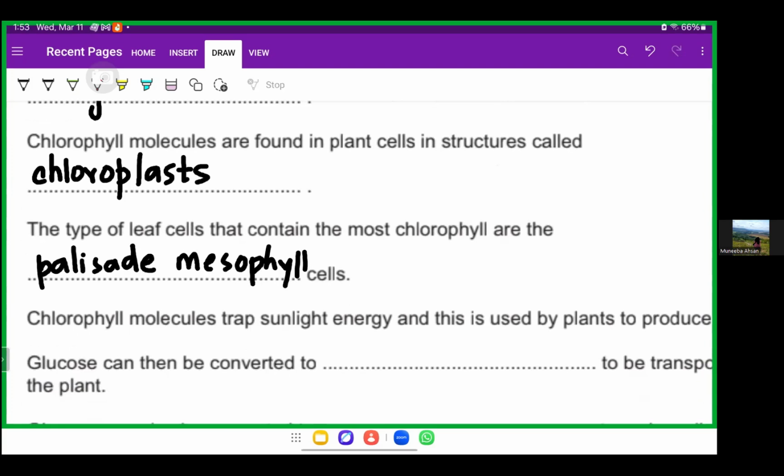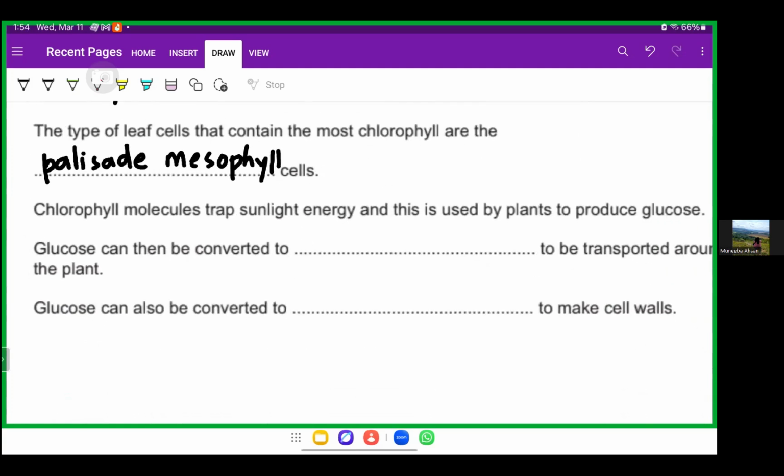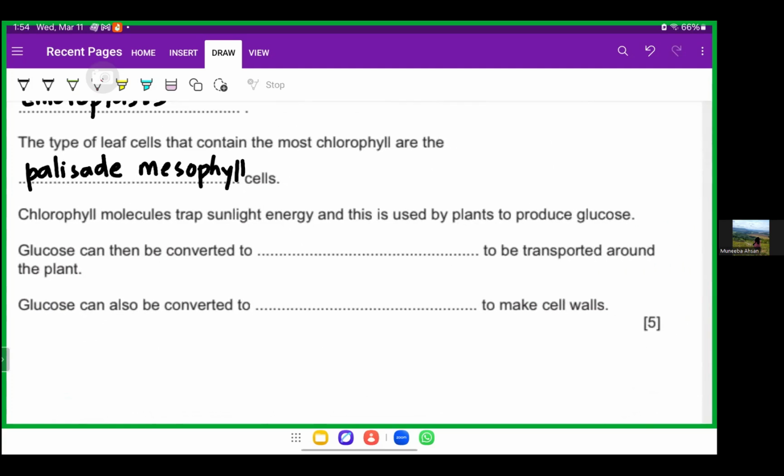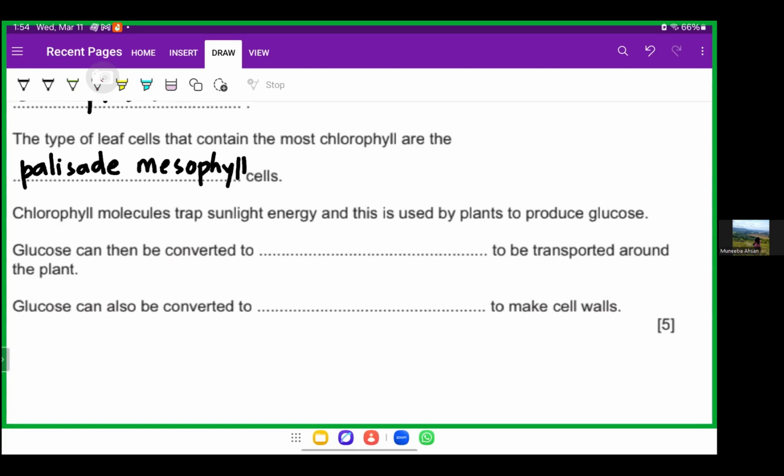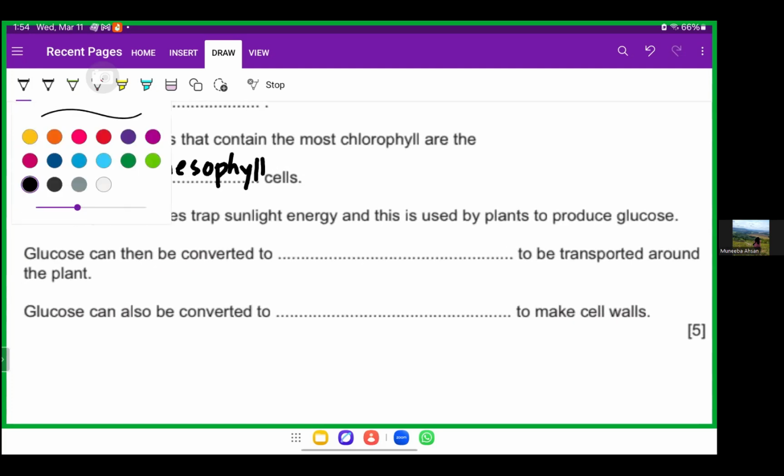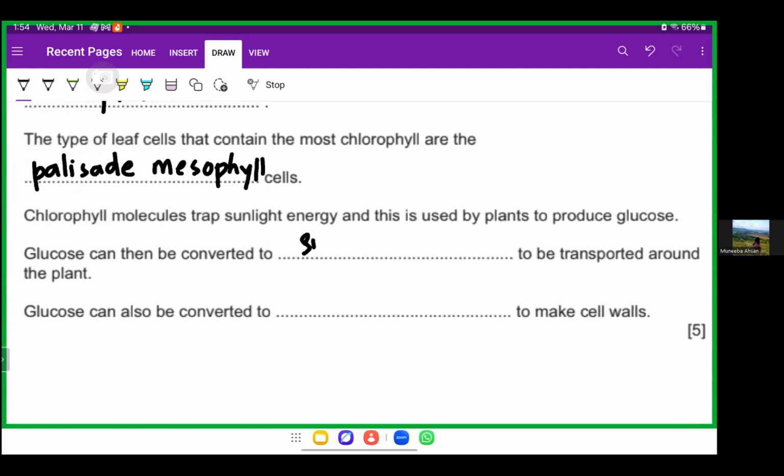Next, chlorophyll molecules trap sunlight energy, and this is used by plants to produce glucose. Glucose can then be converted to dash to be transported around the plant. So the glucose is transported in the form of sucrose in the plants through the phloem, and glucose can also be converted to dash to make cell wall. So that must be cellulose, which is the component of the cell wall.